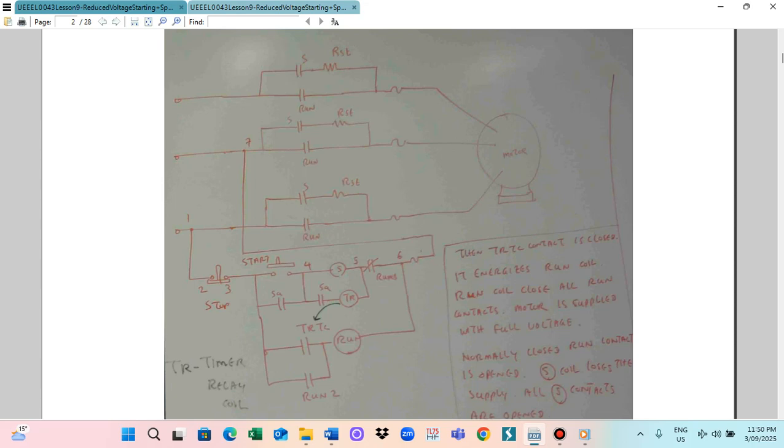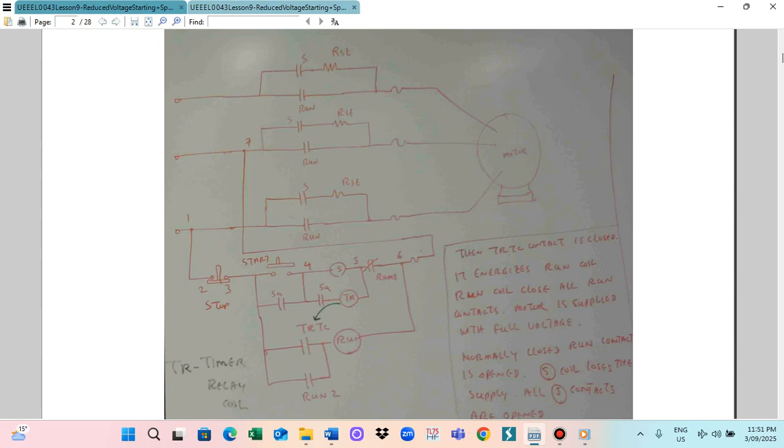The timer relay timing contacts try to close, but TRTC will not close immediately because it waits for some time. When the coil is energized, the timer contact will not close immediately. After some time, it will close and energize the running coil. When the running coil is energized, all the run contactors are closed, but this normally closed run contact is open.